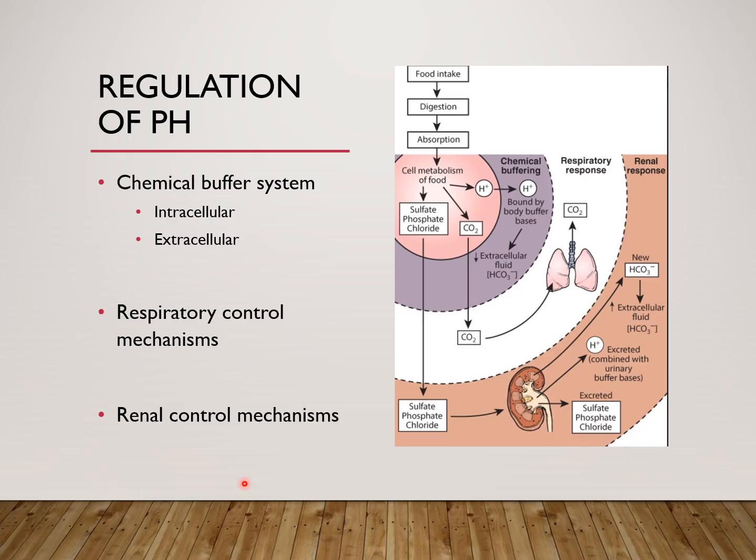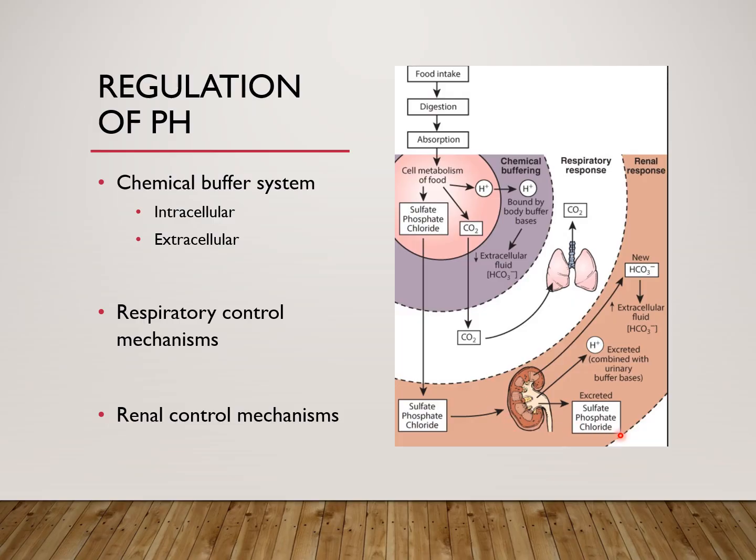The final mechanism to regulate pH is through renal mechanisms, the renal control mechanisms. These mechanisms take the longest to kick in, but they are also our most effective mechanisms for regulation of pH, okay? If we have a patient who's acidotic, who has really high levels of H+, they will excrete more H+, and we will also see an increase in bicarbonate production within the kidney to help buffer H+ a little bit more.